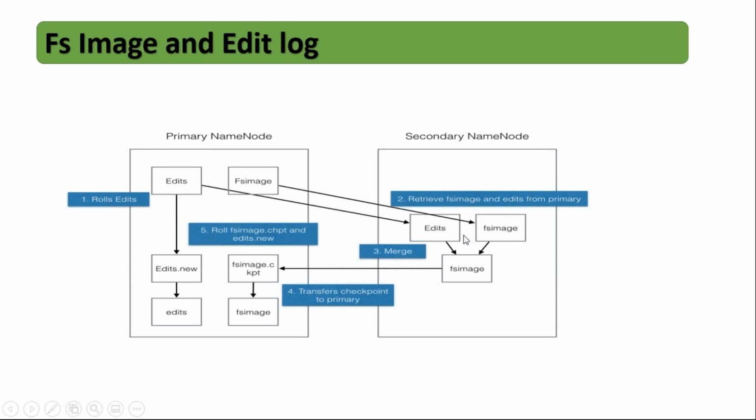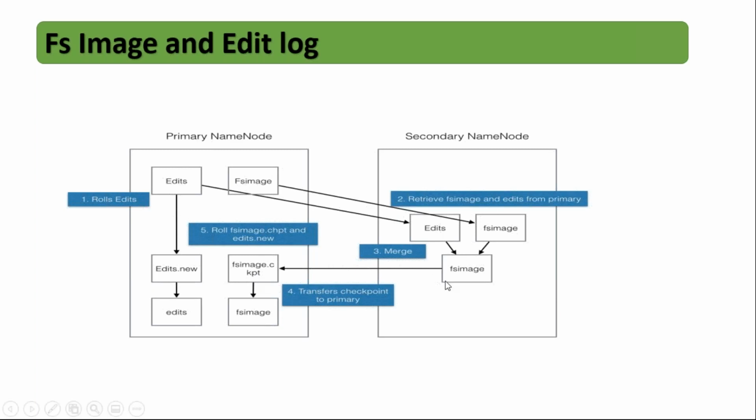After that, these 2 files will be merged into one copy that will be named as FS image again. After merging in the secondary name node, that will be copied back to the primary name node. That file is called fsimage.checkpoint.